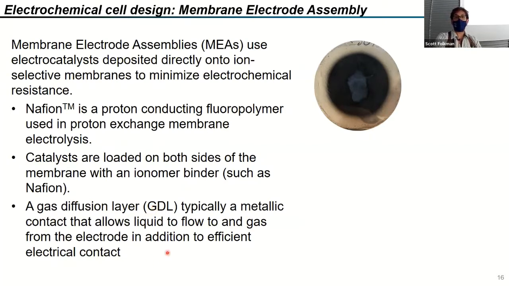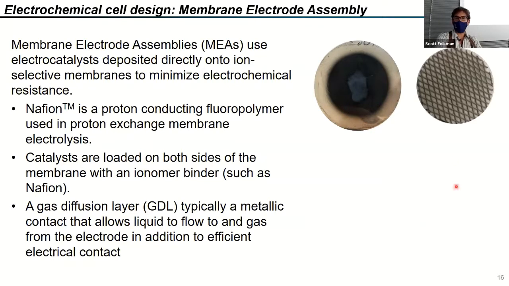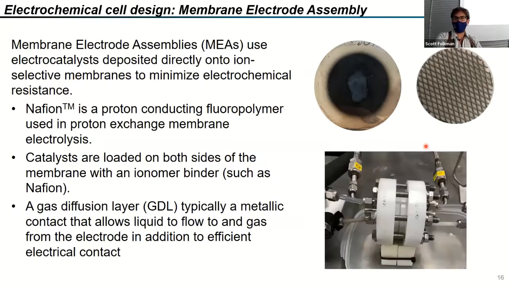But typically it has to be something that's highly electrically conducting, because any poor electrical contacts will manifest itself in a higher overall resistance, resulting in voltage loss across the membrane. And so in this case, a GDL might look like a mesh grid here. So this is one of our titanium GDLs that we use.